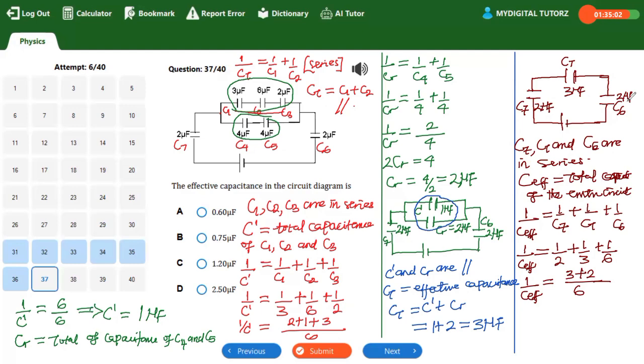Sorry, this C6 is 2, not 6. So we still have our LCM as 6.